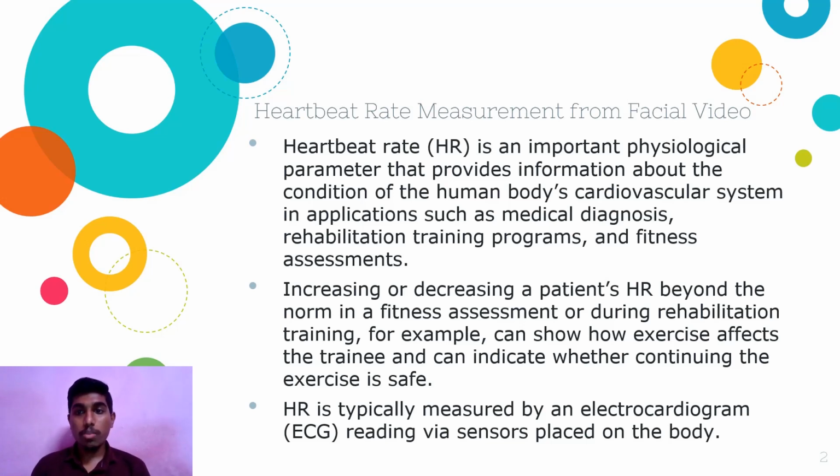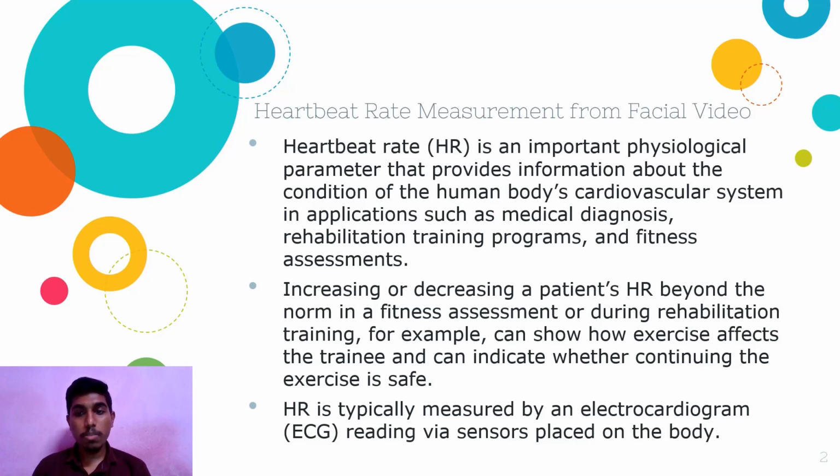Heartbeat rate is an important physiological parameter that provides information about the condition of the human body's cardiovascular system in applications such as medical diagnosis, rehabilitation, training programs, and fitness assessments.